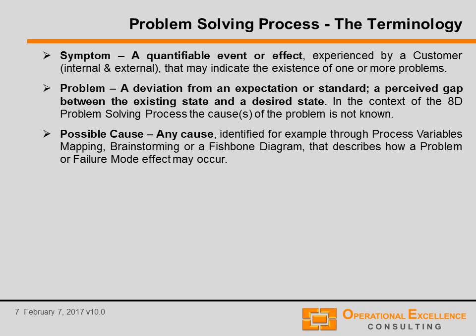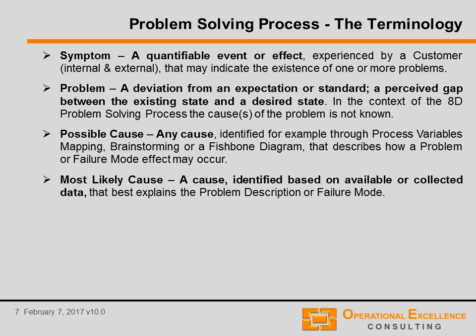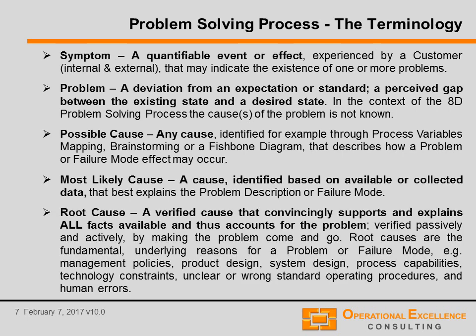Once we understand what the possible causes are, we need to narrow those down to what we call the most likely causes. What is the most likely cause, or what are the most likely causes, of the problem that we're trying to solve, that then resulted in the symptom that our internal or external customers saw? Again, there are different tools that you can use to go from a large number of possible causes to a smaller number of most likely causes.